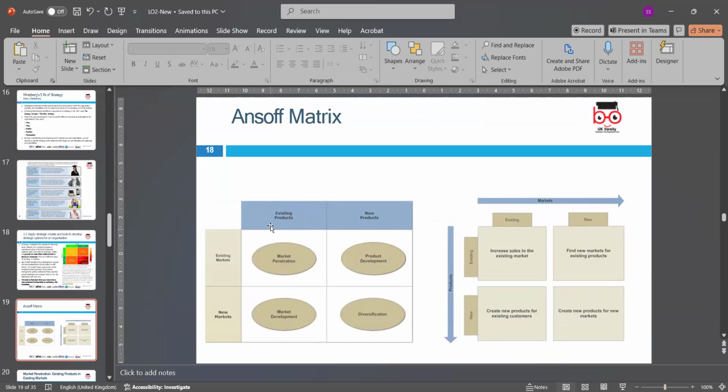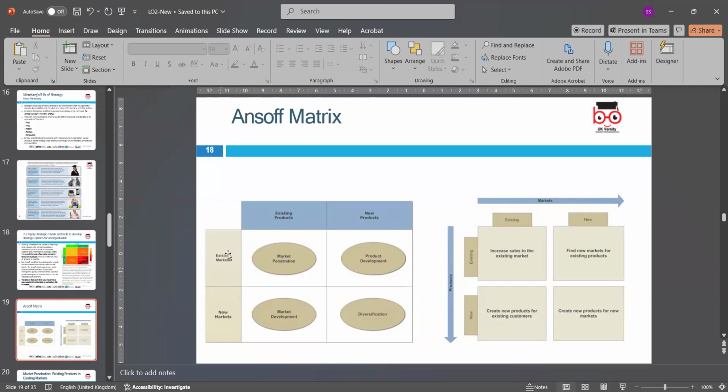Existing market. So this side we are considering the market. This side we are considering the product. So existing market and existing product. What is happening? You have an existing market, and you are going to sell them the existing product. Then it means you are using the market penetration strategy.